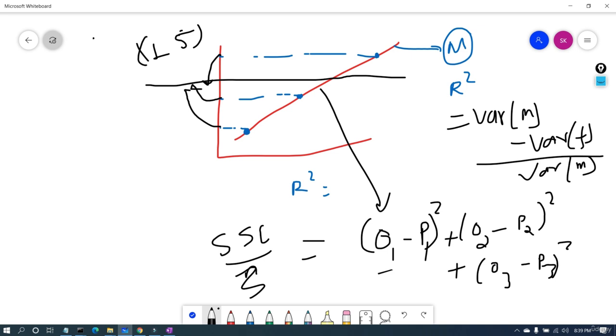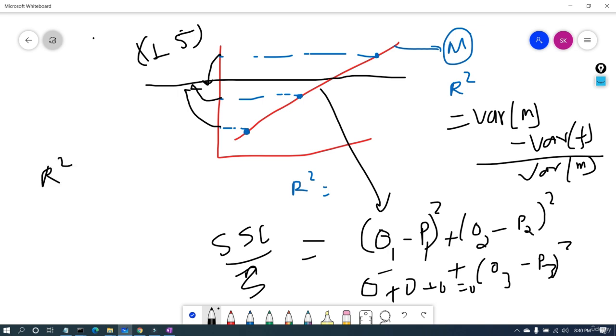Now the observed value and the predicted value are exactly the same for the model. So the first is 0, the second is also 0 because the second point is also on the predicted line, and the third is also 0. So here the variance of the fit is 0. Now let's calculate R square.